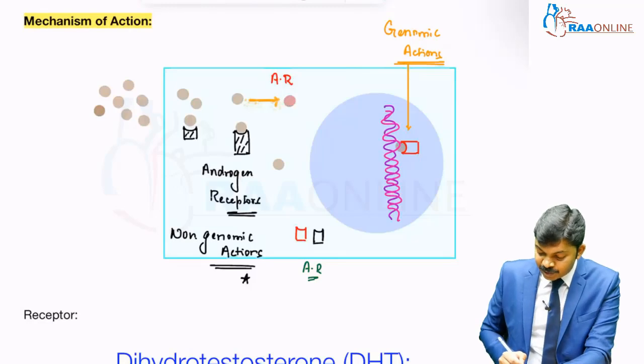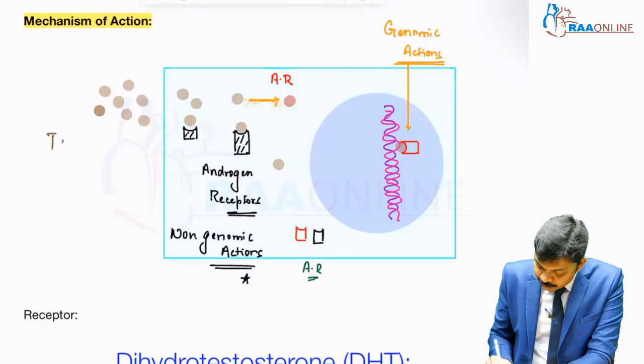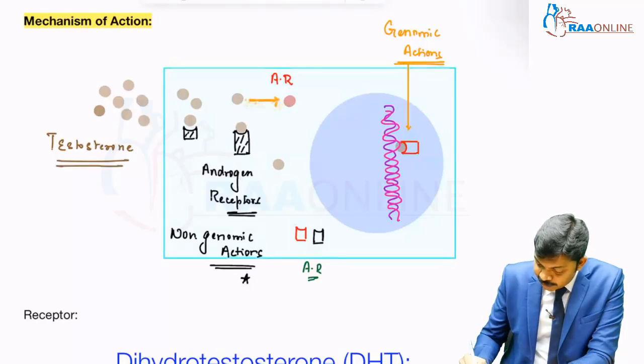So between testosterone and dihydrotestosterone, which is going to be more potent? The one that you guys are seeing in brown is going to be basically testosterone molecules, and the one that you are seeing in red is going to be dihydrotestosterone molecules.